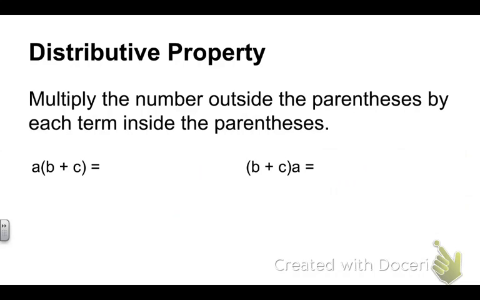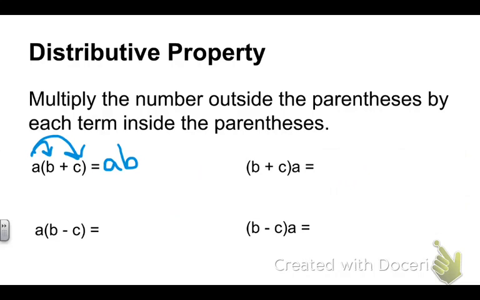Now it doesn't have to be addition, it can be subtraction. And same thing, we can have the number to the right of the parentheses. It doesn't matter. So the way that this looks, you're taking that outside number a and you're multiplying everything on the inside. So a times b is simply a times b, or ab.